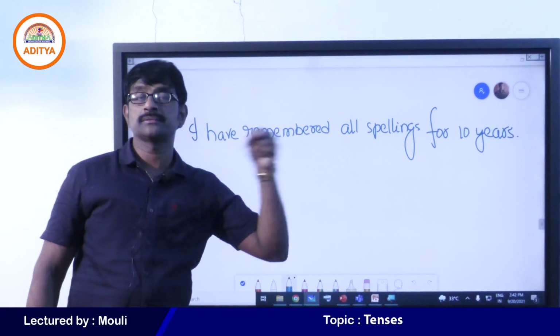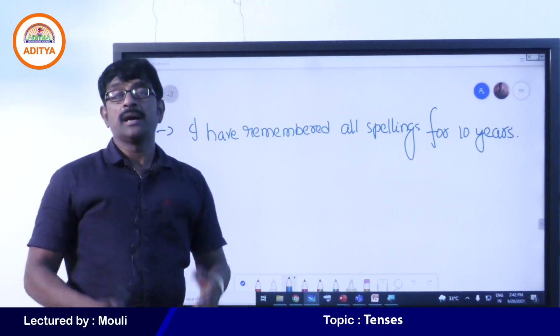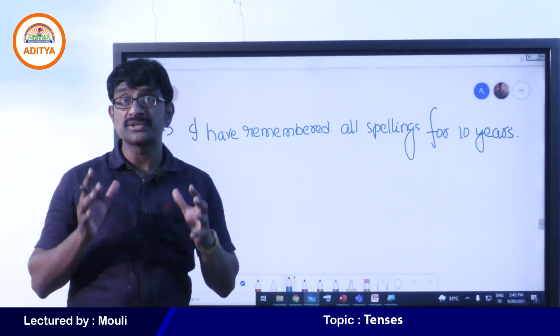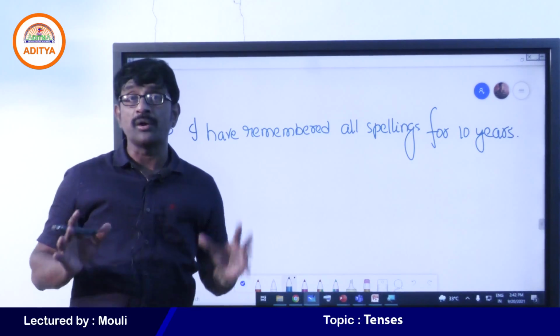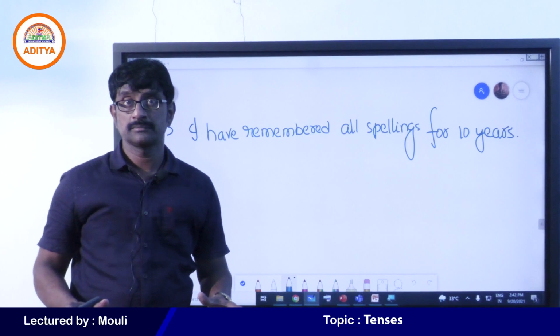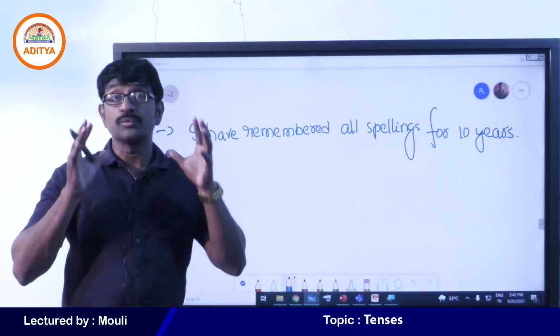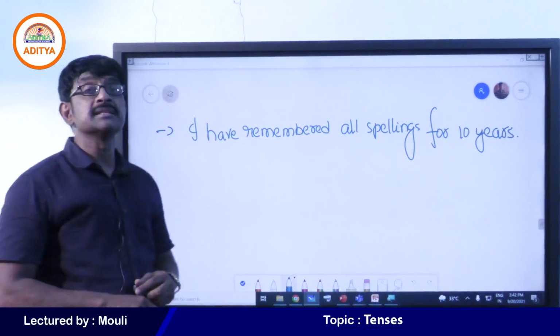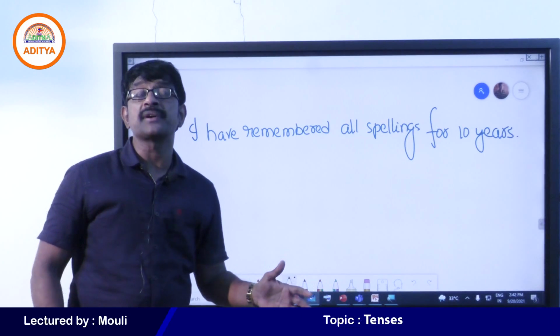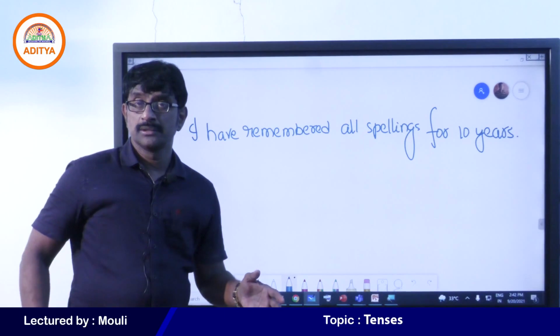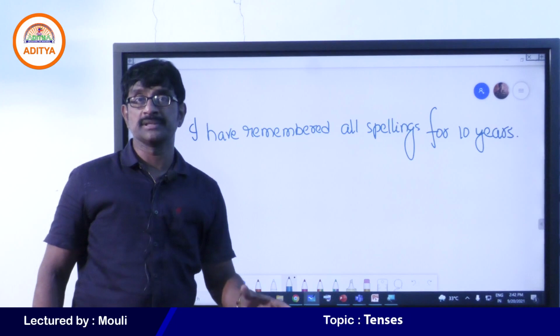This is the right way of expression. So students, we should be very careful in these expressions. Instead of "I have been remembering," we can say "I have remembered." That's it.